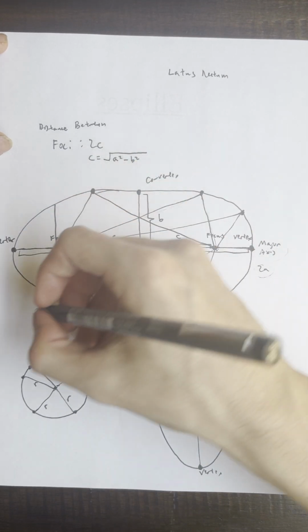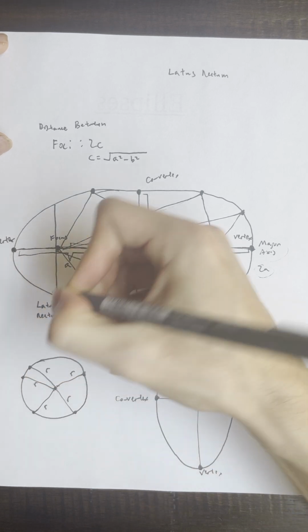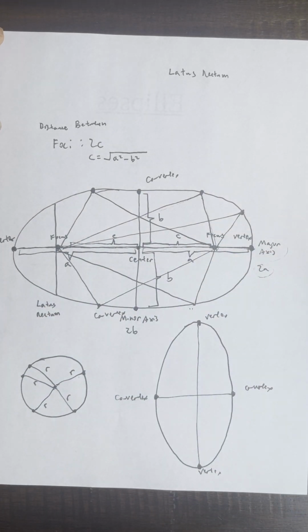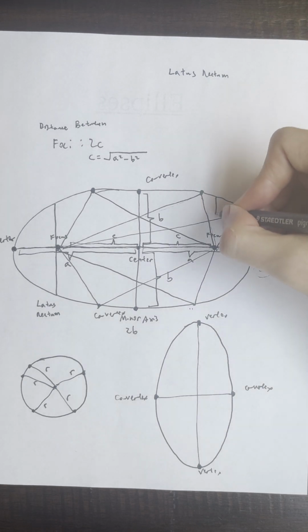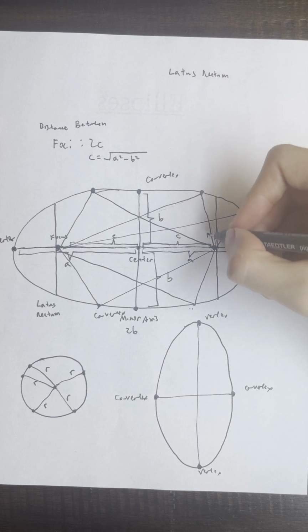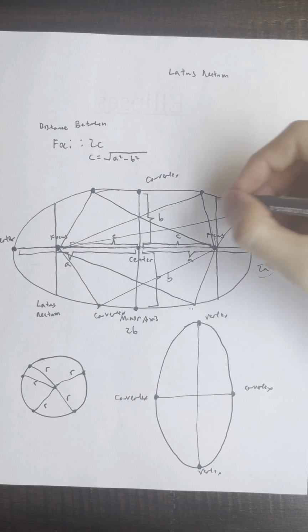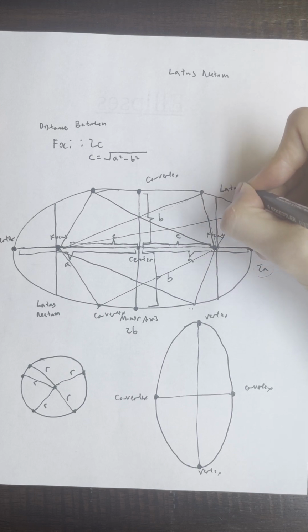So this would be a latus rectum. There's also another one in this ellipse. Where is it? So it has to go through a focus, and it has to be parallel with the minor axis. This is a latus rectum.